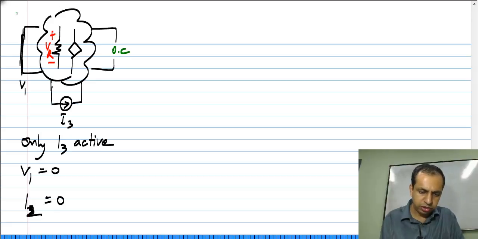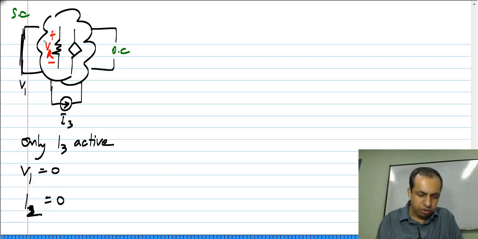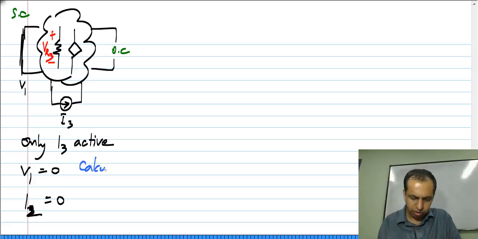Okay. This is a short circuit, and the value of VR I get in this particular case, let me denote that by VR3. Okay. So, in this case I calculate VR3.